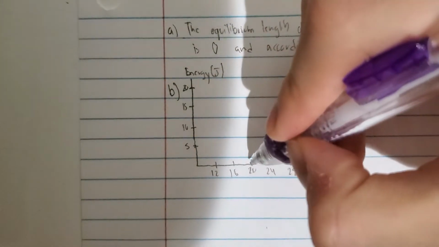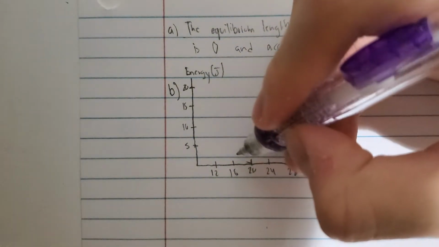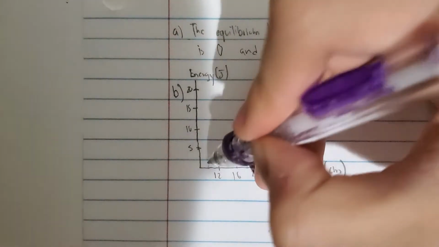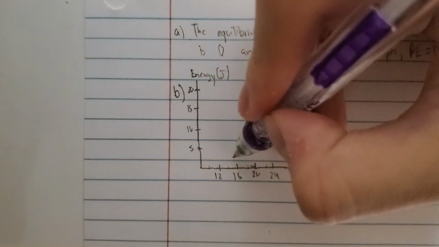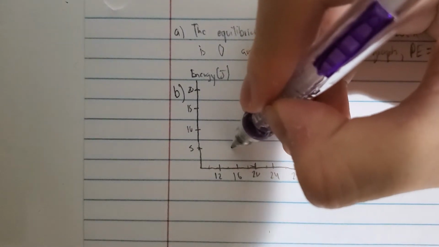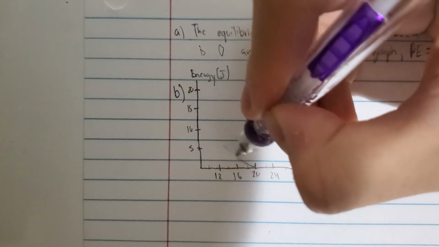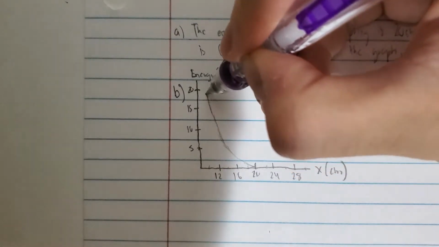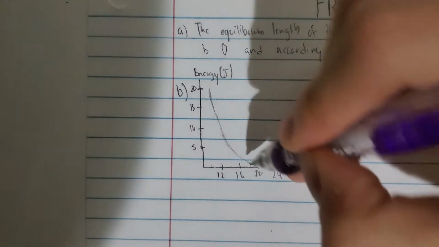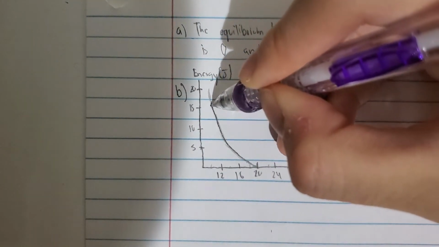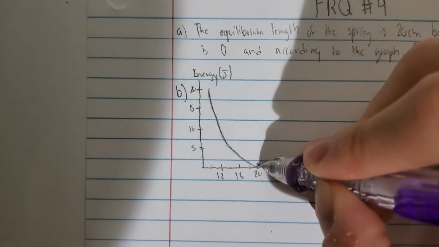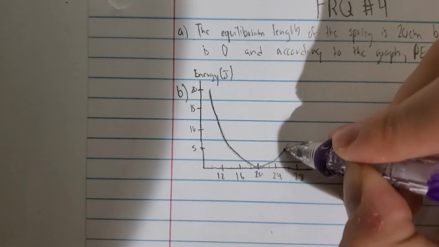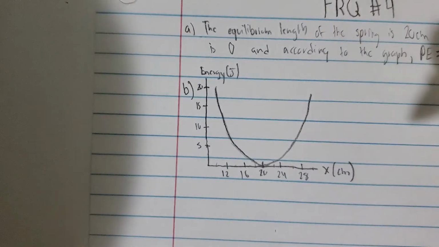Okay, so the graph looks something like this. Alright, so this is what the graph looks like.